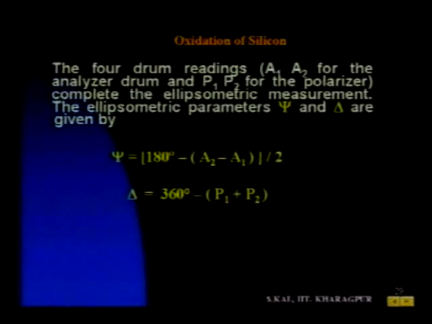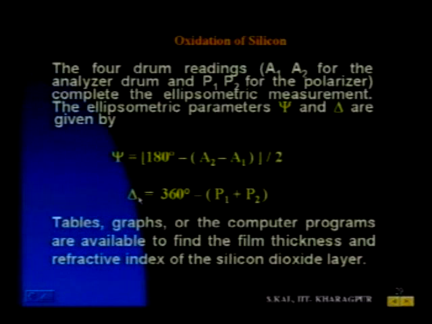There are two important parameters. From the analyzer and polarizer drum readings, you can get two important parameter values, which are known as psi and delta. The four drum readings are A1 and A2 for the analyzer drum, and P1 and P2 for the polarizer drum. From those A1, A2 and P1, P2 values, we find psi and delta.